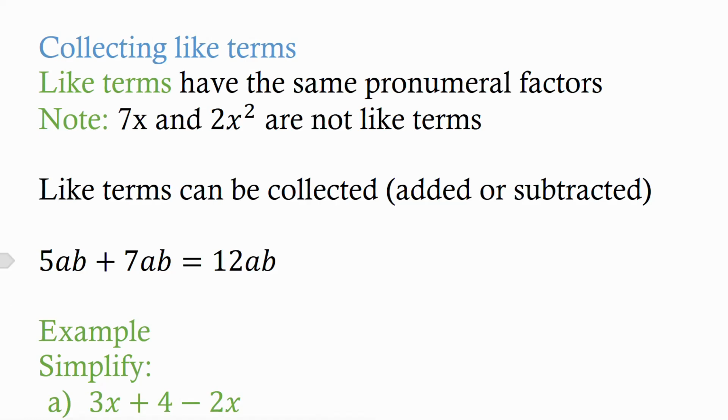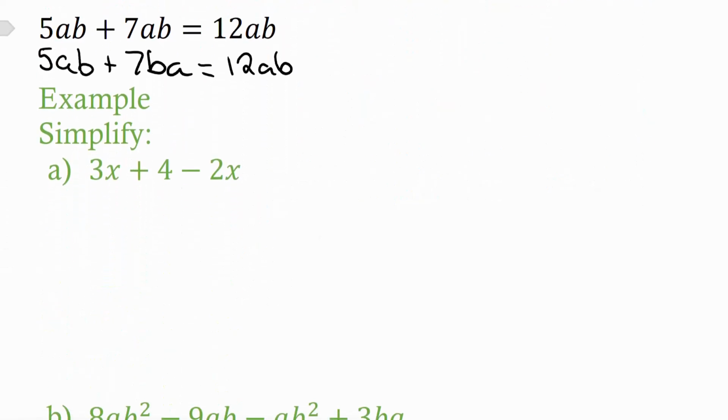An example would be 5ab plus 7ab. They're like terms because they both have a and b in them. That equals 12ab. Now, 5ab plus 7ba still equals 12ab. The order that the letters appear in doesn't matter. They both still have an a and a b involved.